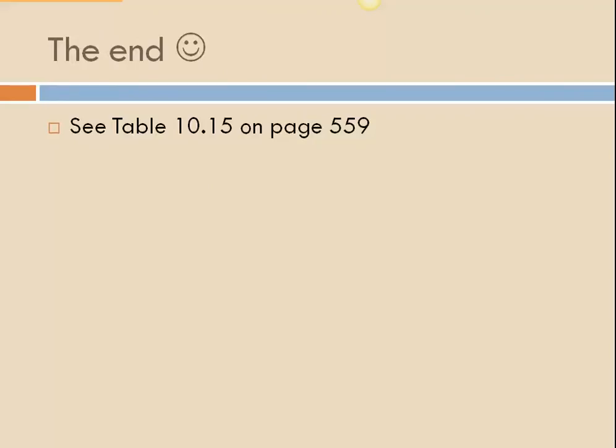Okay, that was all of those 5 rates. So hopefully you have made notes on your formula sheet as you have gone through this tutorial. I encourage you to look at table 10.15, which is found on page 559 in your book.